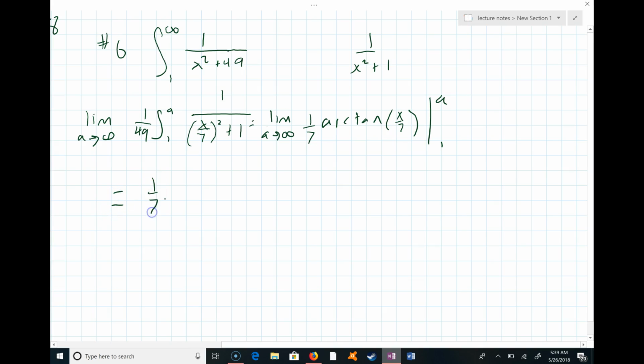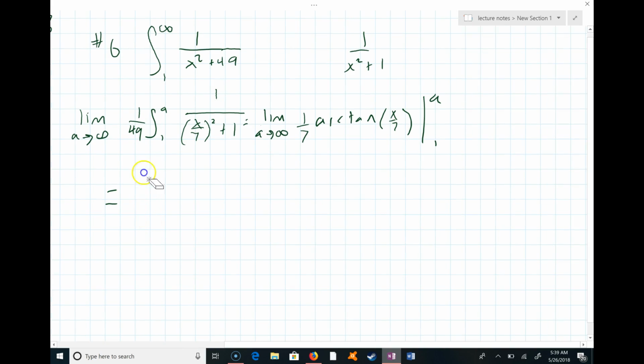So now do 1/7. I keep forgetting to write the limit. Limit as a approaches infinity of 1/7 arc tan of a over 7 minus 1/7 arc tan of 1 over 7.